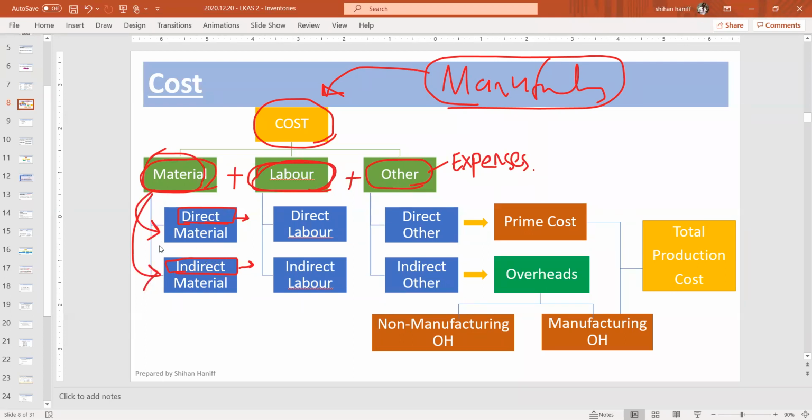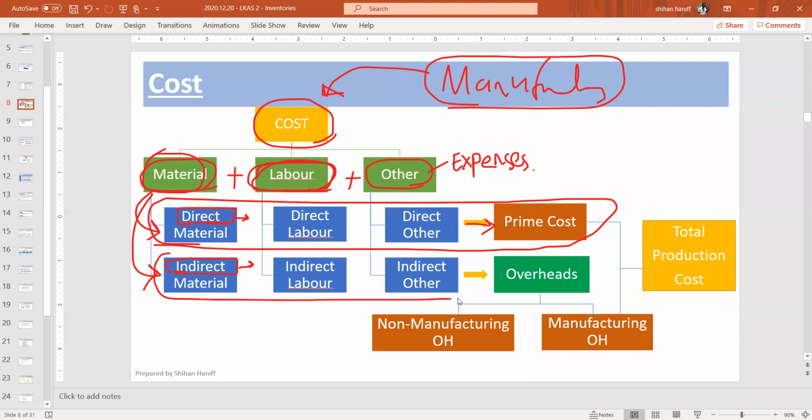Then we take direct material, direct labor, and direct other. Direct material, direct labor, and direct other costs are called prime cost. And indirect material, indirect labor, and indirect other are called overheads.